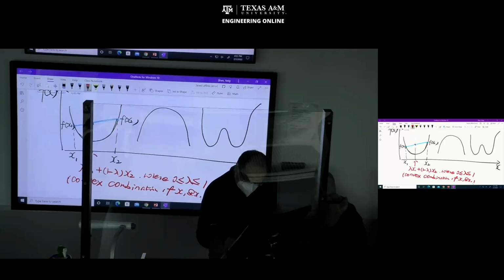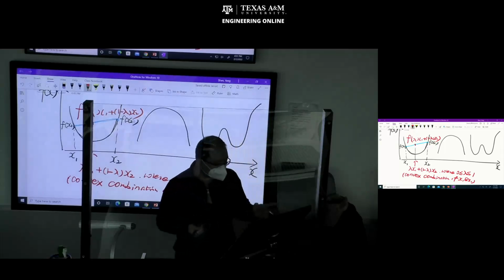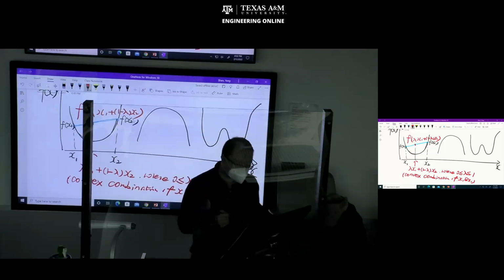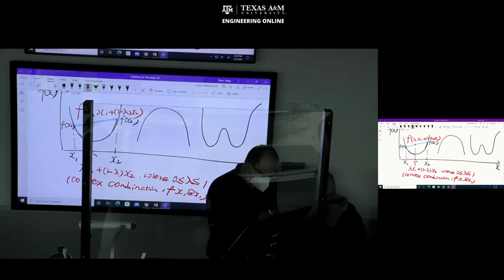So then this height is f of lambda x1 plus 1 minus lambda x2, right? Remember, this lambda can be any value between 0 and 1. So when you are changing lambda, this point is essentially hovering over the whole line segment. What we need to make sure is that this point is always above or equal to the function.